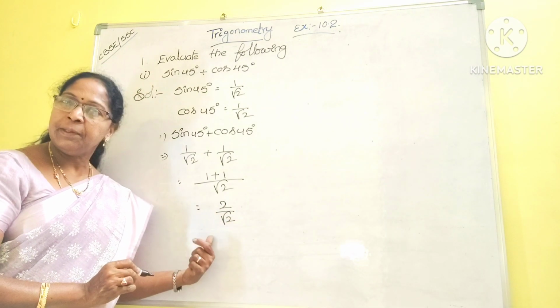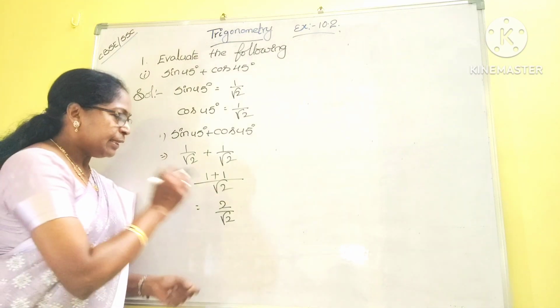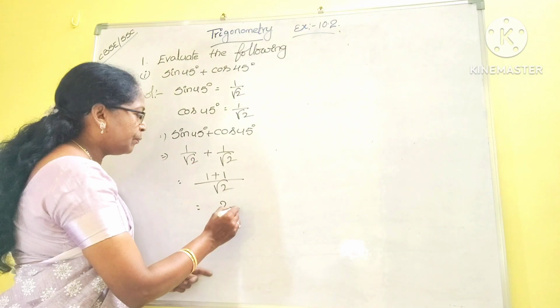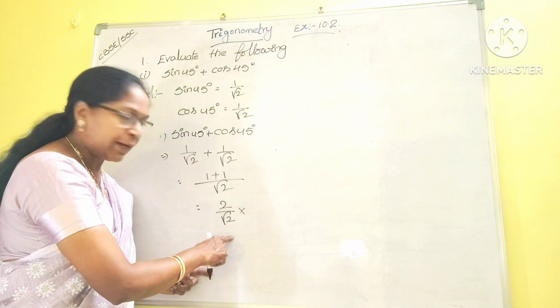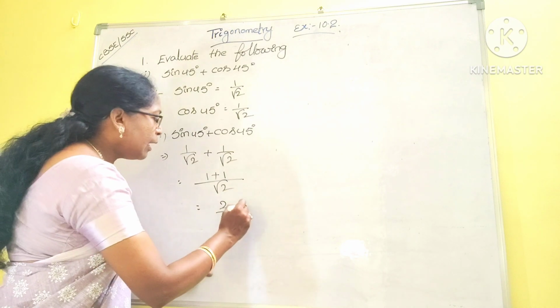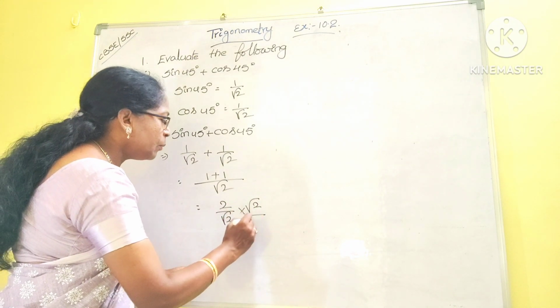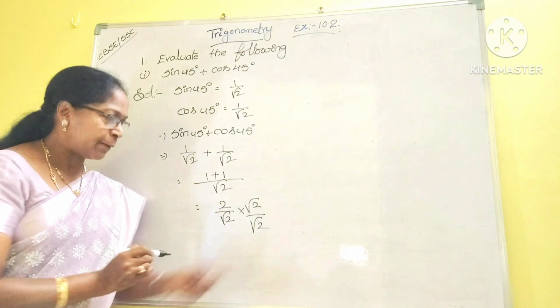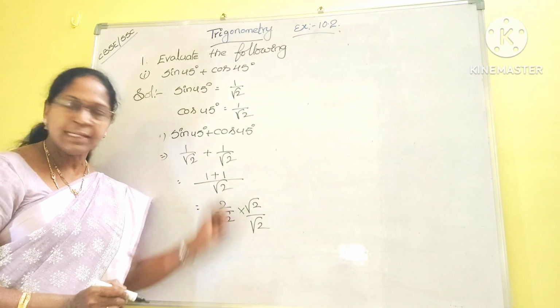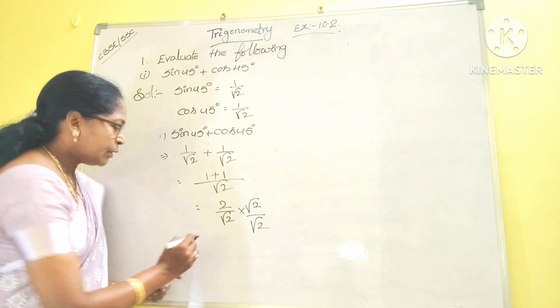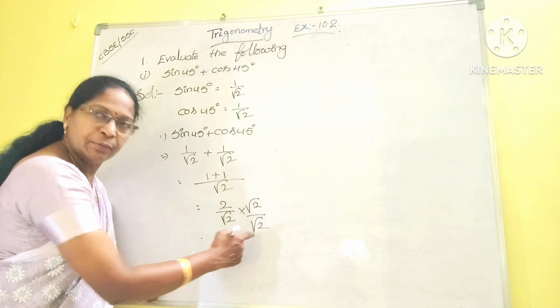Whenever you get a root term in the denominator, you have to rationalize that value. That means you have to multiply both the numerator and denominator by the root value in the denominator. This procedure we call rationalization. So, into root 2 by root 2.